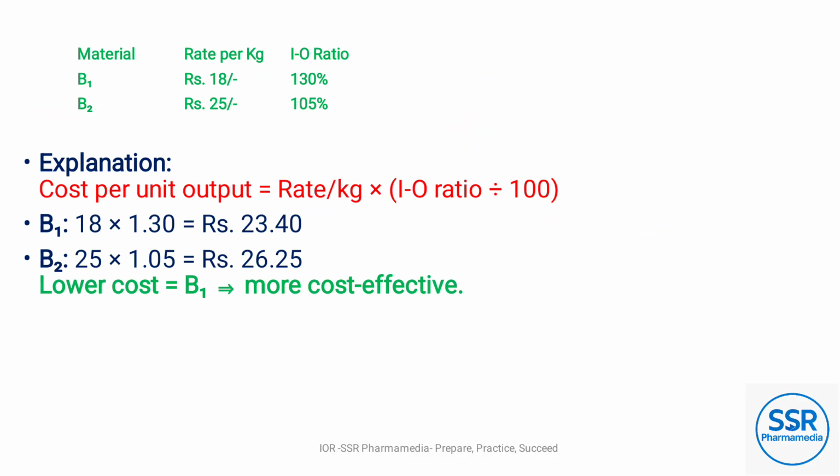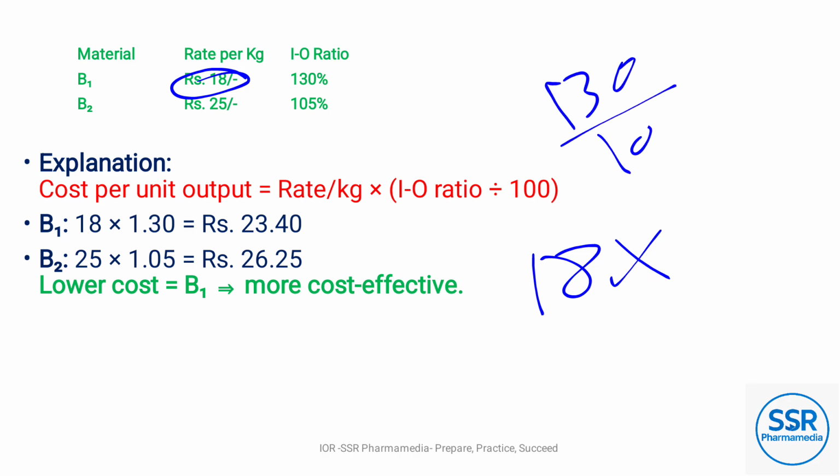If you see this formula, we know the cost. So 18 rupees into 130 divided by 100, you will get 1.3. So 18 into 1.3, you will get 23.4 rupees.